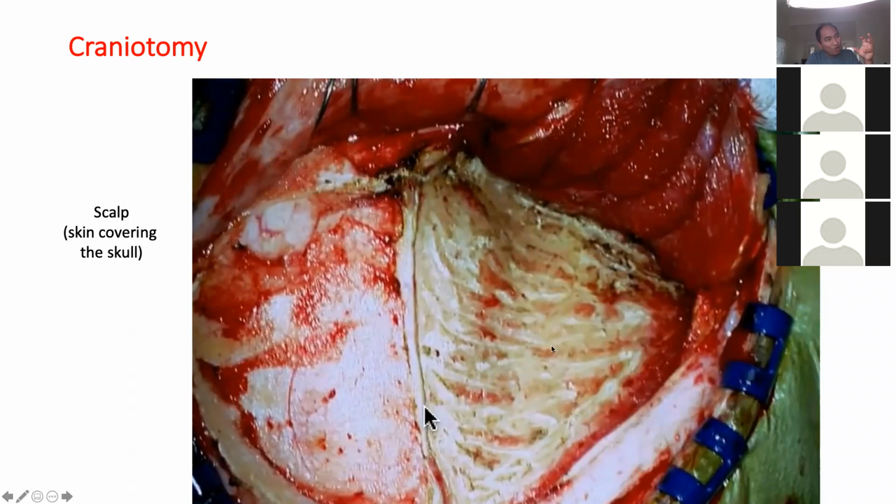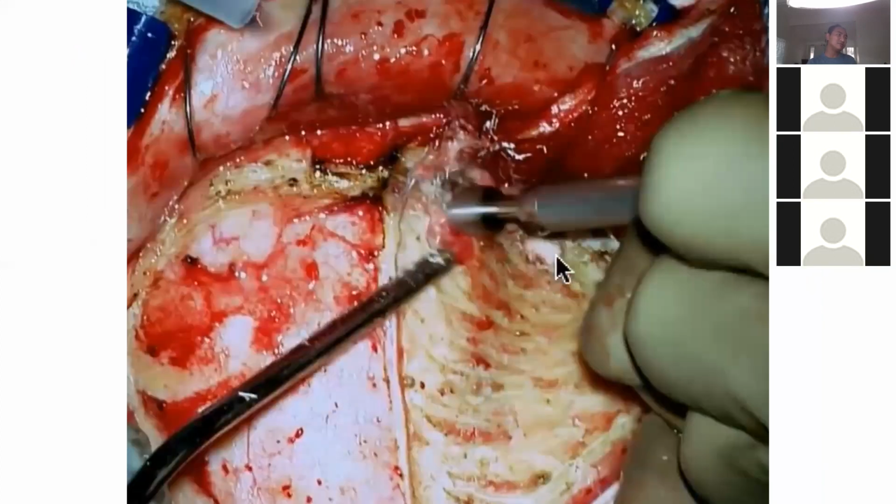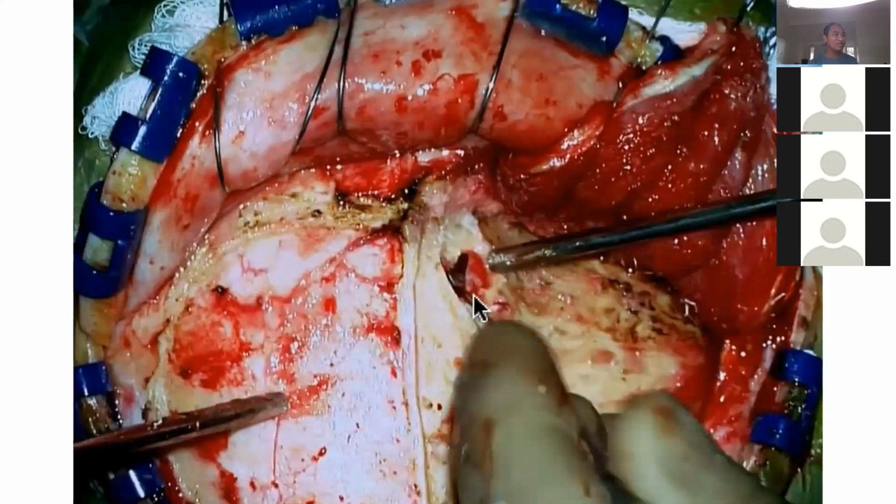Now we want to open this cranium to look inside at the brain. So what do we do then? We use a small bar to make a little hole in the cranium. The next step is we put in a little spoon to push away anything attached to the cranium inside, like the brain and meninges, the covering of the brain.